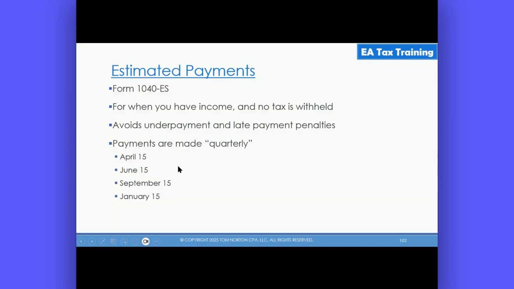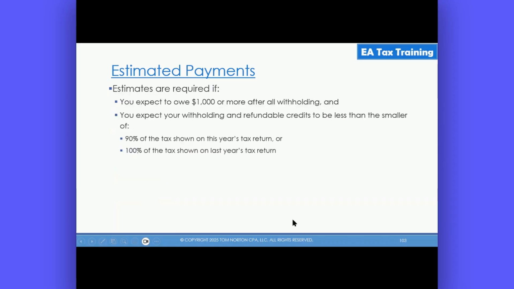Just like with a tax return deadline, if any of these dates fall on a weekend or a holiday, then the amount is due on the next business day. When do you need to make estimated payments? Well, if you have those amounts of income that we talked about without any withholding, and you expect to owe $1,000 or more.